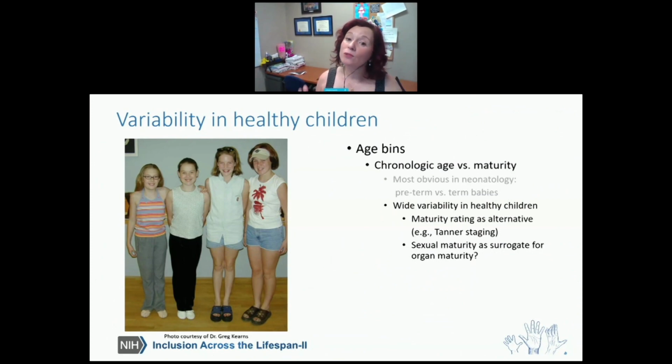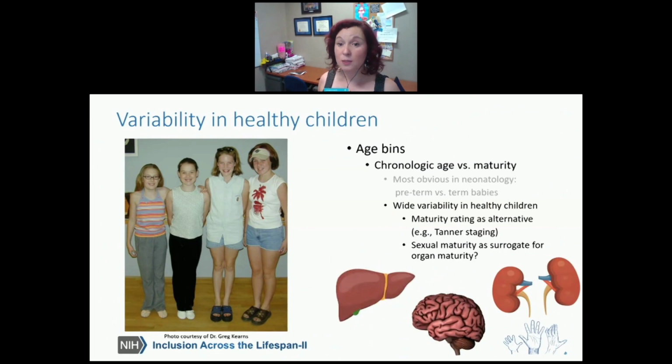One way to get around this variability that's not captured in chronologic age is actually to base your pediatric age bins on maturity ratings. A commonly employed one is what's called the Tanner staging, which is a sexual maturity rating. The challenge here is that not all organs mature at the same rate. So for example, can we really extrapolate sexual maturity ratings to other organ systems?